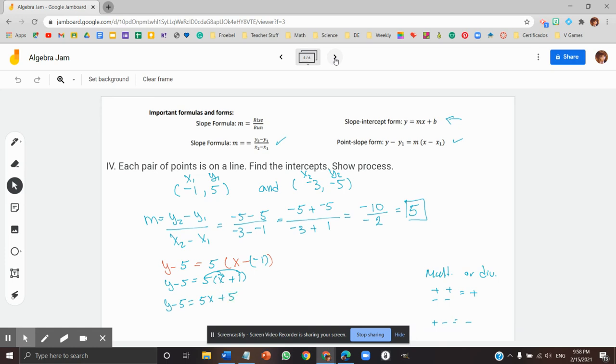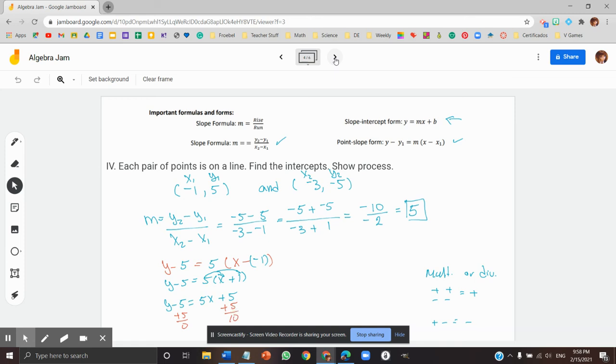Now I'm going to try to leave that y by itself so I can get to that slope-intercept form. So I'm just going to add 5 here. And negative 5 plus 5 is 0. And if I added 5 on one side, I have to add it on the other one. This is going to be 10.